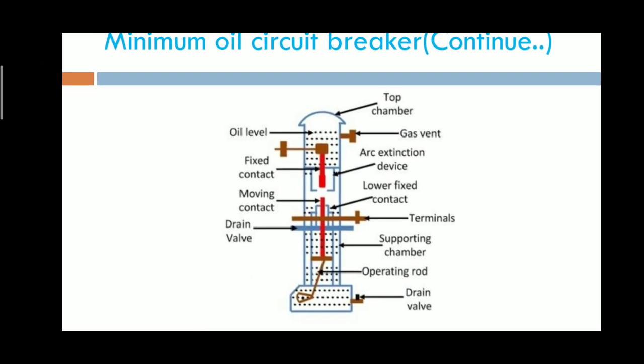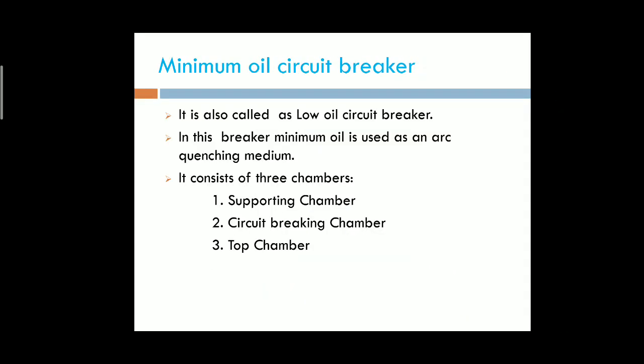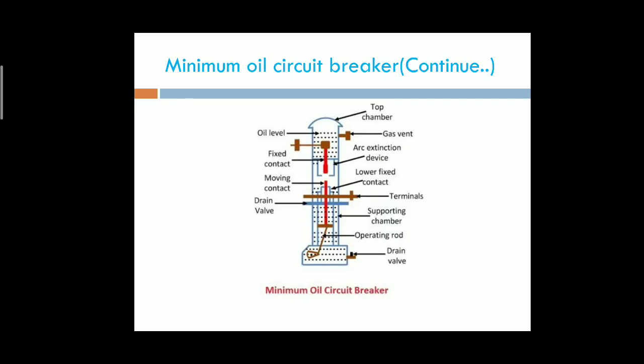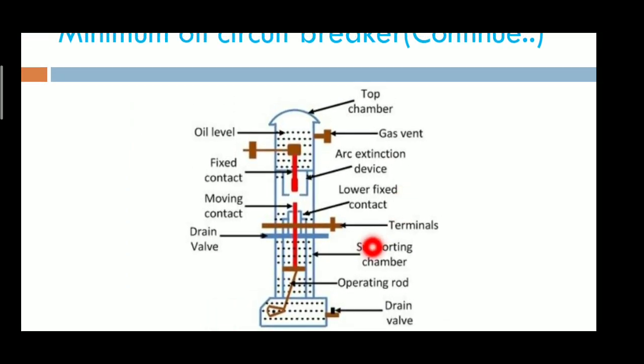This is the low and minimum oil circuit breaker diagram. In that we have 3 stages: the supporting chamber, the circuit breaking chamber, and the top chamber.